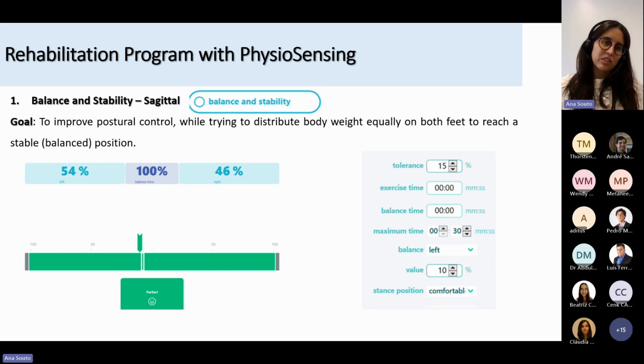Since we know that this patient puts a lot of weight on the left and has a lot of difficulty moving his body towards the right, what we can do in the beginning is shift the marked center of the exercise to the left, and we can choose the percentage that we want to change. For example, here is 10%, so we move the point 10% to the left.